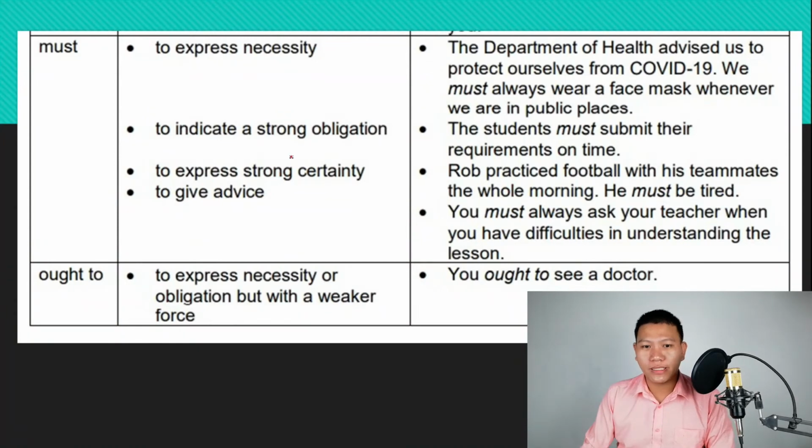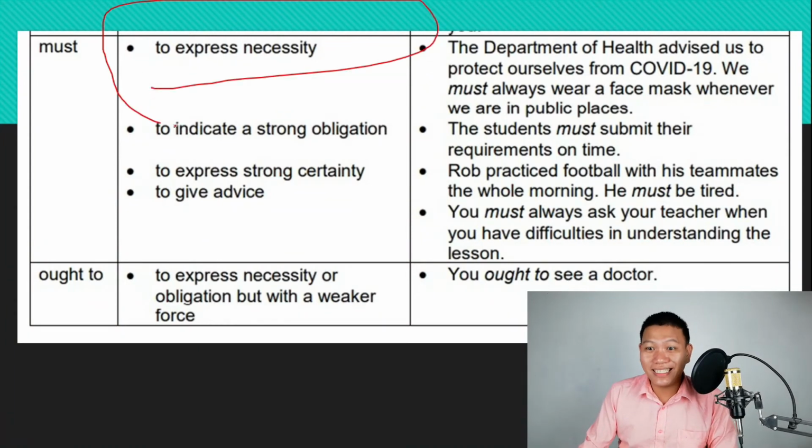Then we have must, to express necessity. There is a high need. It's needed. It's necessary. The Department of Health advised us to protect ourselves from COVID-19. We must always wear a face mask.